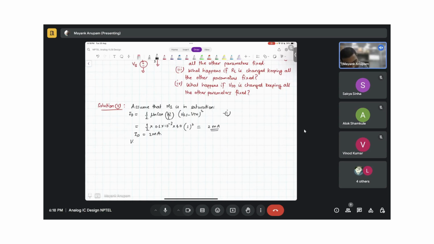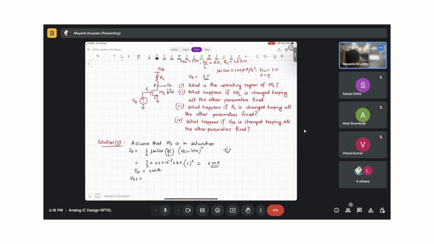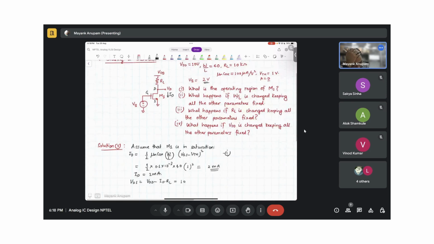Now what will be VDS? How will you find it? Simple: VDD minus ID times RL. VDD is given as 10 volts, minus ID which is 2 milliamps, into RL which is 10 kilo ohms, 10 to the power 3.